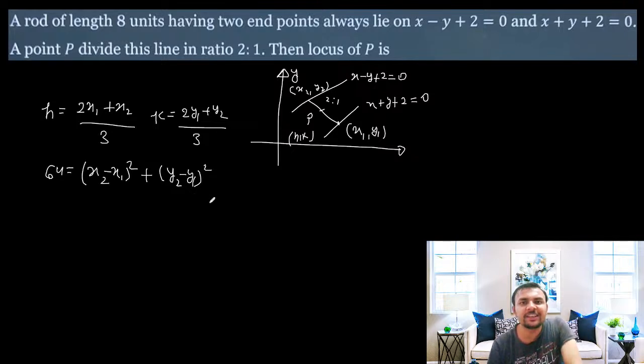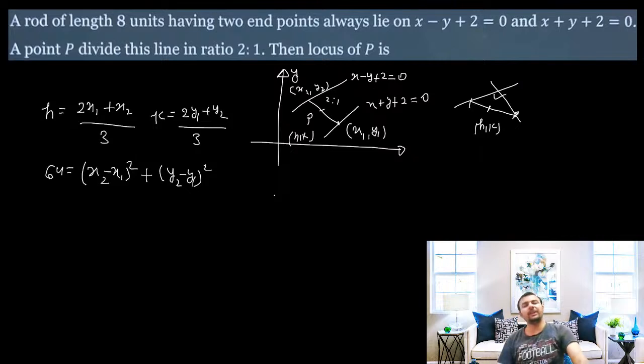Okay, if you see the lines are perpendicular, dy by dx is minus 1, they are perpendicular. So lines are somewhere like this. We are joining something which is h comma k, and then we have 2 is to 1. So we have to find the locus. Line in 2 is to 1 ratio, we got it. Okay, the locus of P.